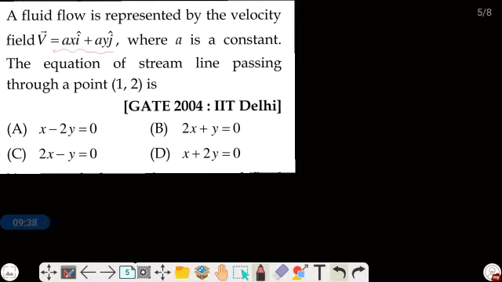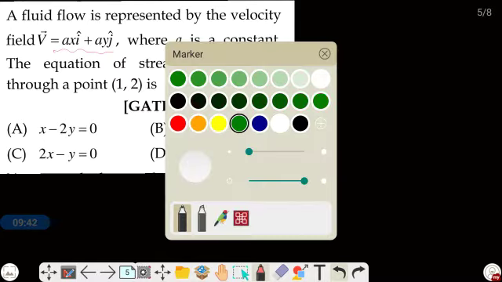First of all we need to know what is the equation of a streamline.